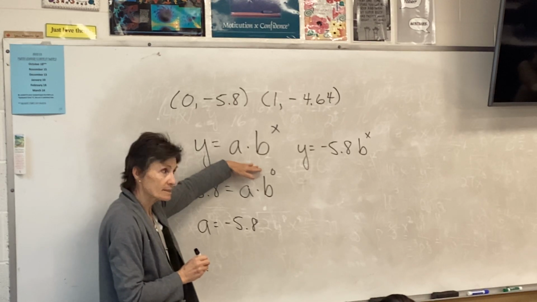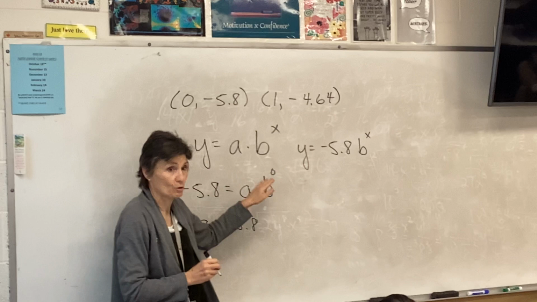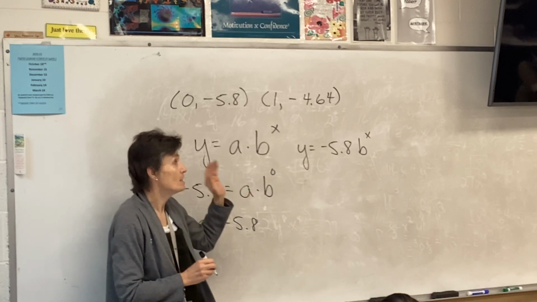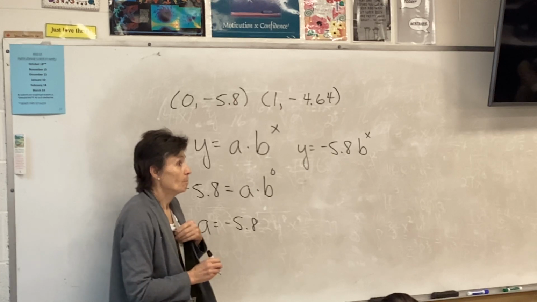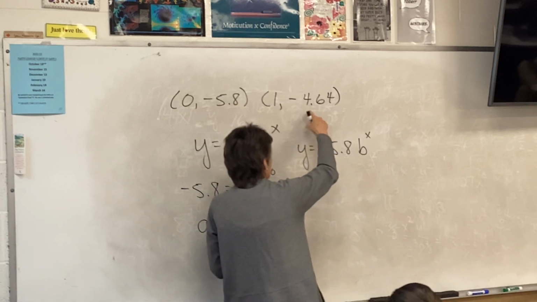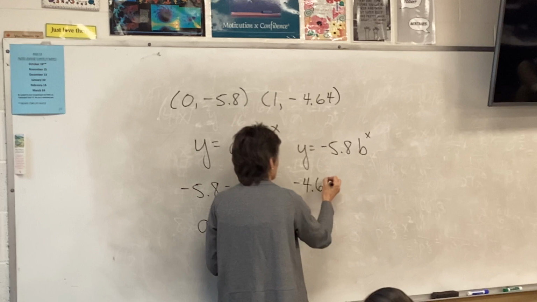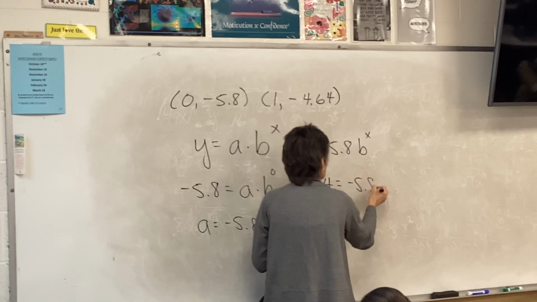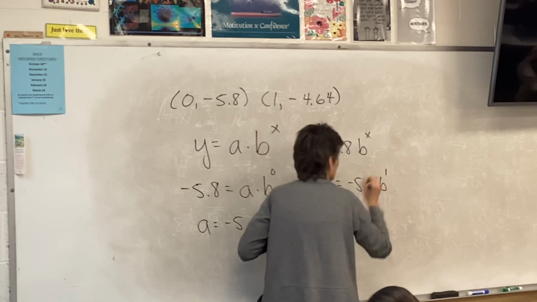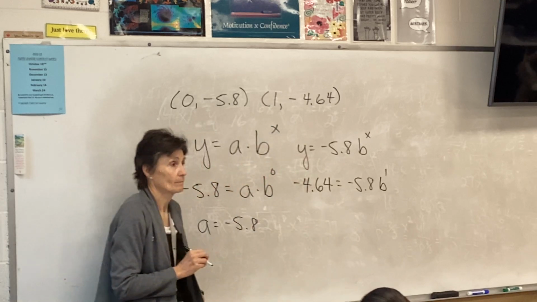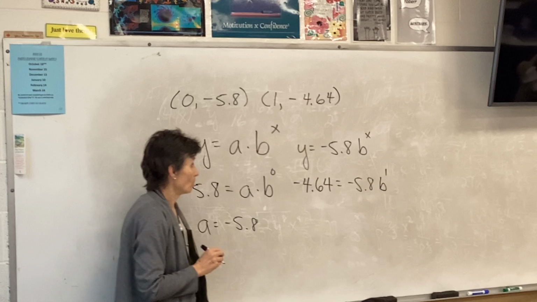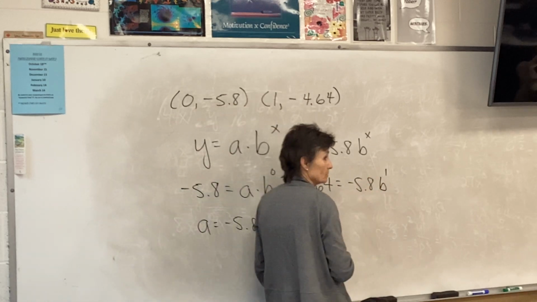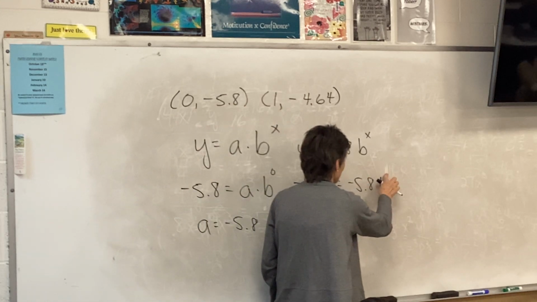Okay, this is exactly what we did yesterday, only the numbers are worse, so we're gonna use our calculator. So what do I do next? Plug in the other point, this x and this y. Yes. Now, what's b to the first? Just b, so I don't really need to worry about that exponent.